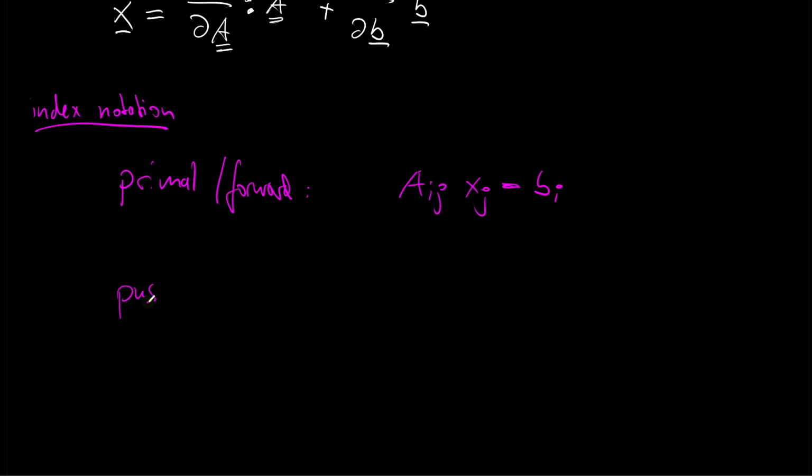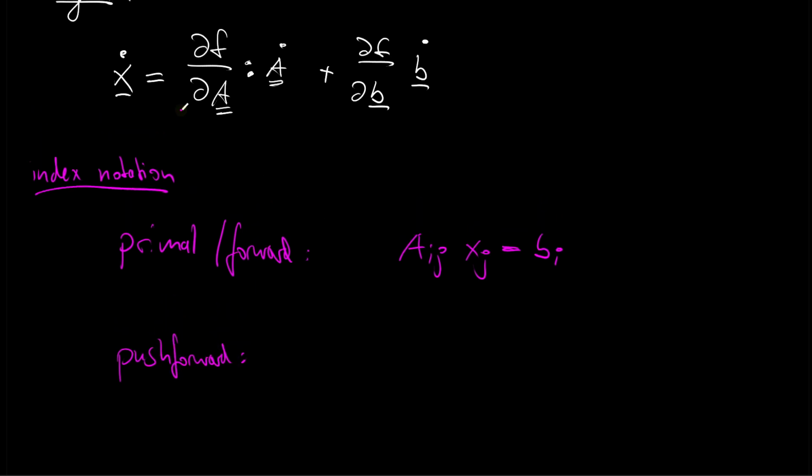Then the push forward will therefore be, okay, let's take our x dot and let's also give it the index j here, and say this is equivalent to saying that the derivative of f_j with respect to a_kl is multiplied with a dot_kl. The function f has a vector valued output, so we will index it at the same position as the particular push forward tangent that we want to have, and then derive it with respect to its first input.